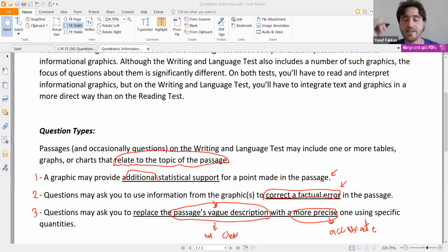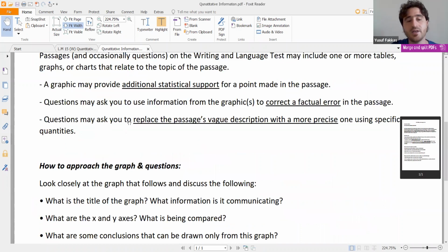Either to add statistical support from the graph to the passage, or to correct a factual error in an underlined sentence, or if we have a vague description in one of the sentences describing what we have in the graph, we should replace it with something that's more accurate. Okay, how do we do that?